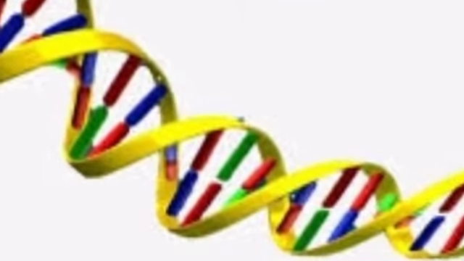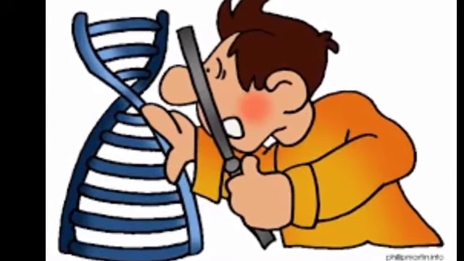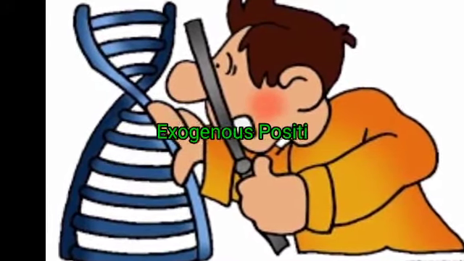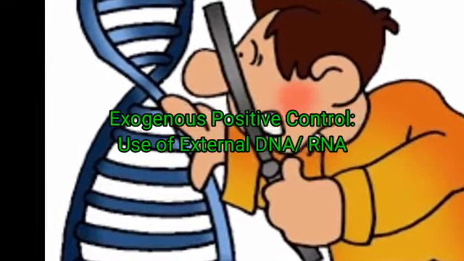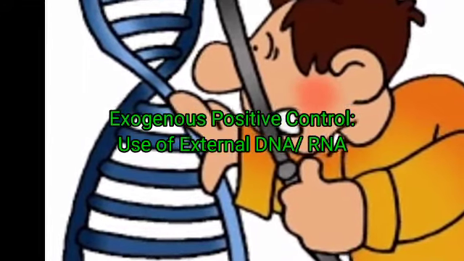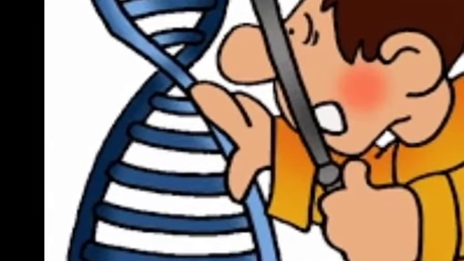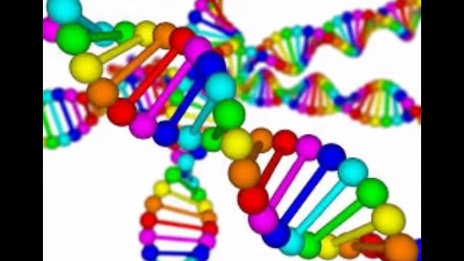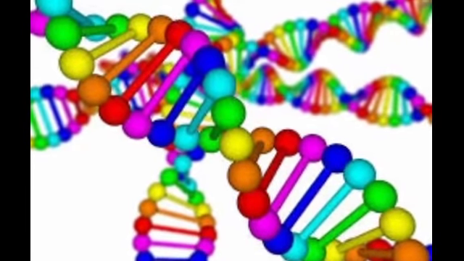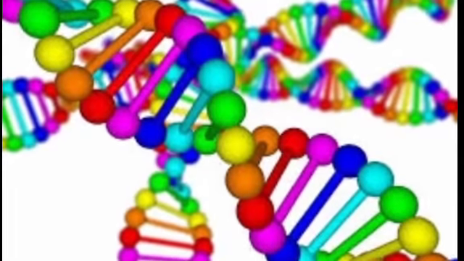Exogenous positive controls or internal positive controls refers to the use of external DNA or RNA carrying a target of interest. If these positive controls are assayed in separate wells or tubes from the experimental samples, they serve as a control to determine whether or not the reverse transcription or PCR reaction conditions are optimal.